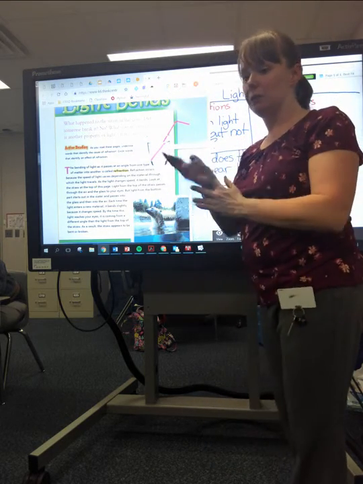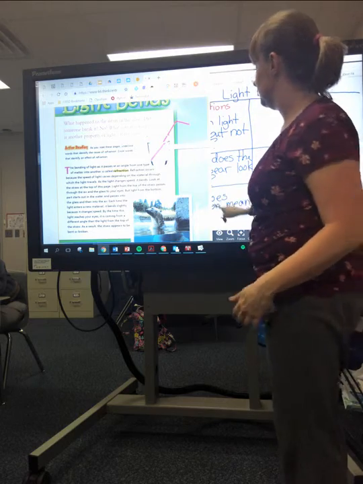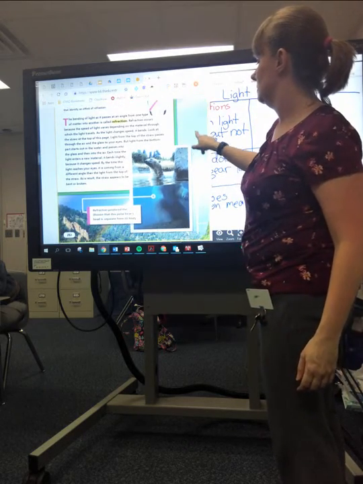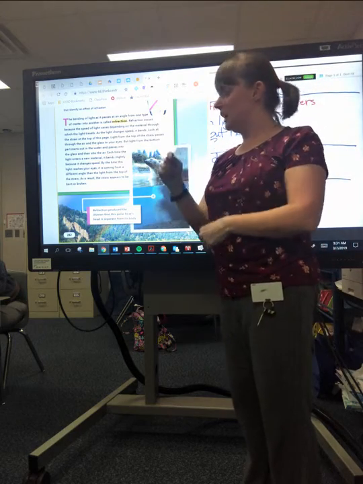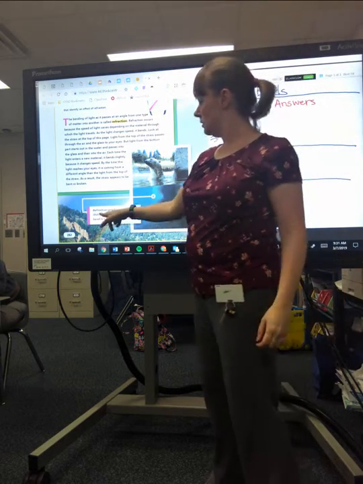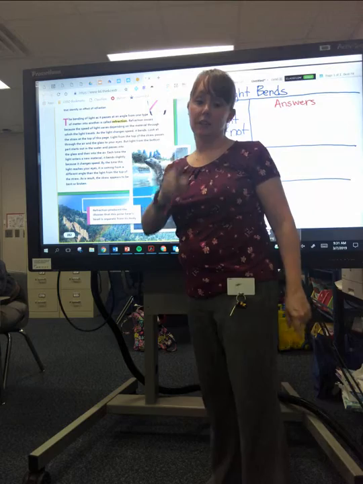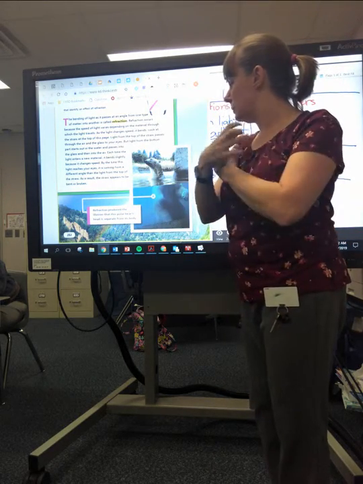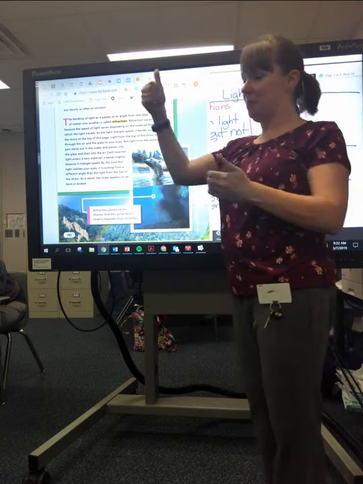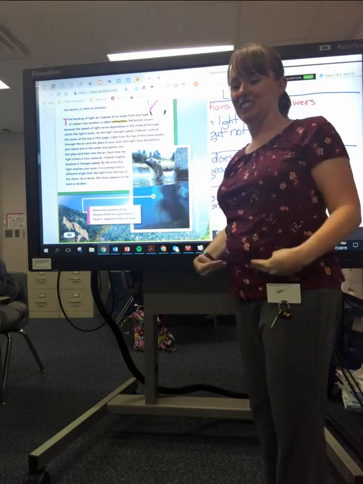And that is called refraction. Refraction produced the illusion. It looks like, but it's not really. The illusion that this polar bear's head is separate from its body.